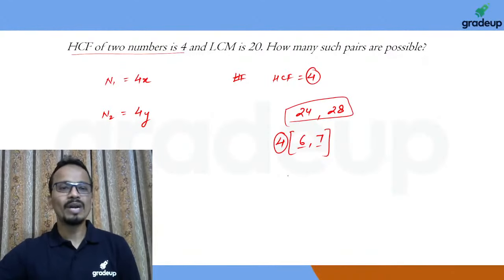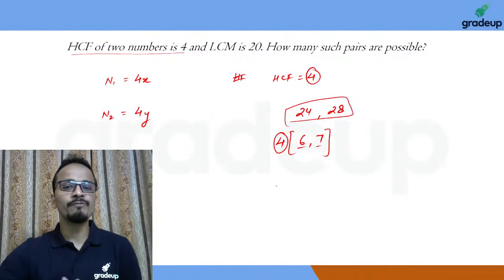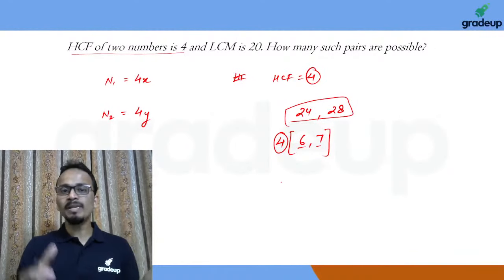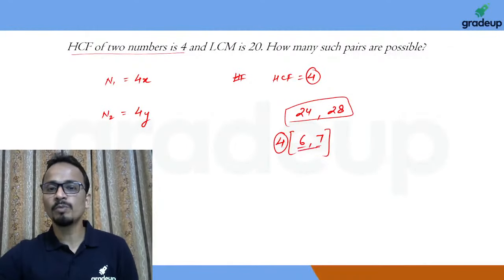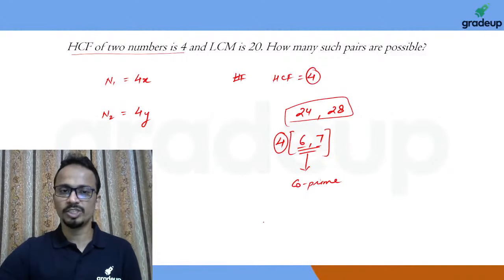Now what has happened after I have taken 4 common from 28 and 24? After taking 4 common, whatever the leftover portion is, they don't have any common factor, and hence I can say that these two numbers are co-prime with respect to each other. All right, am I clear?